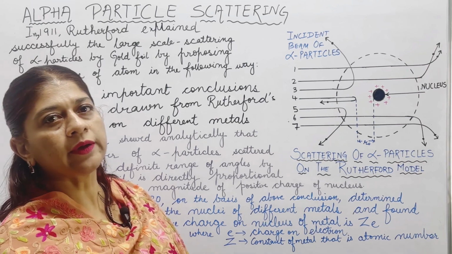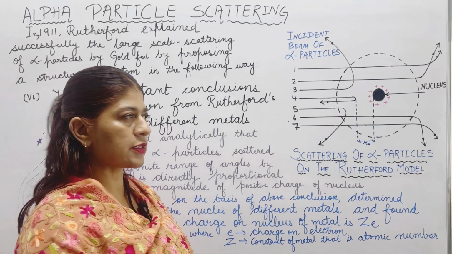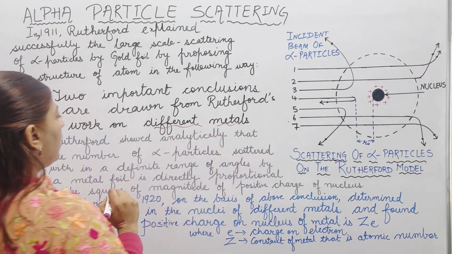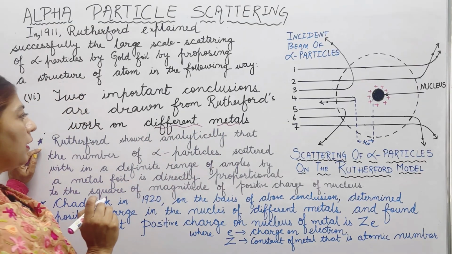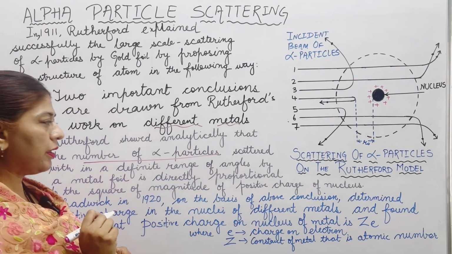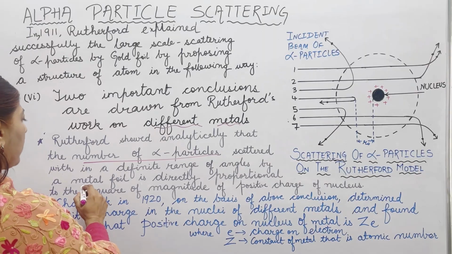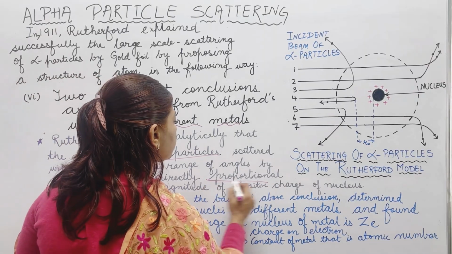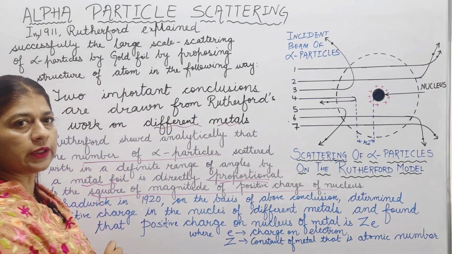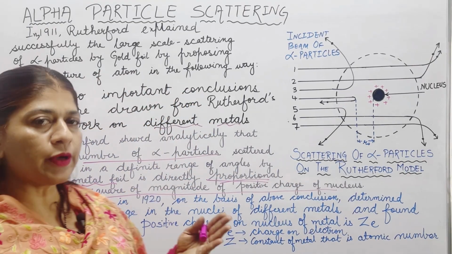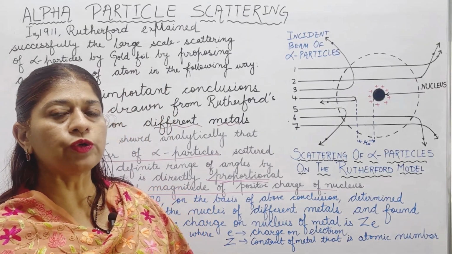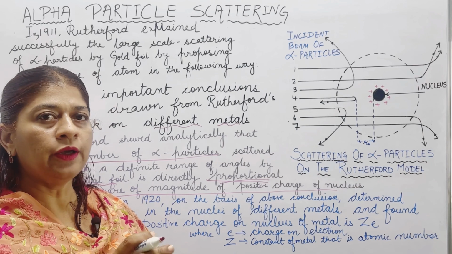Further, two more important conclusions are drawn from Rutherford's experiment when he was doing it on different metals. Rutherford analyzed that the number of alpha particles that are scattered in a definite range from a metal foil is directly proportional to the square of the magnitude of the positive charge of the nucleus. It means the number of particles scattered depends on how much positive charge is on the nucleus.